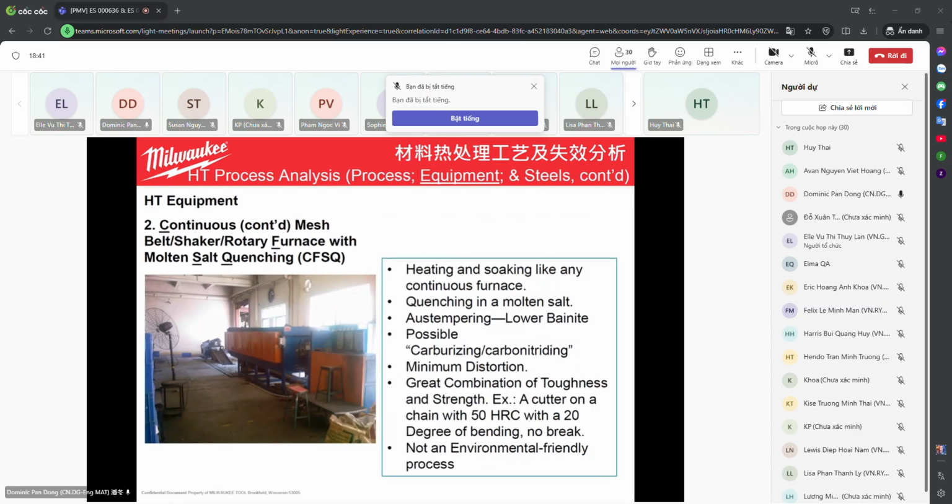And again, this is another example showing the continuous mesh furnace. This is the so-called molten salt quenching, or we call it austempering. From this picture, it seems the on-site floor management is not so good. That's correct.